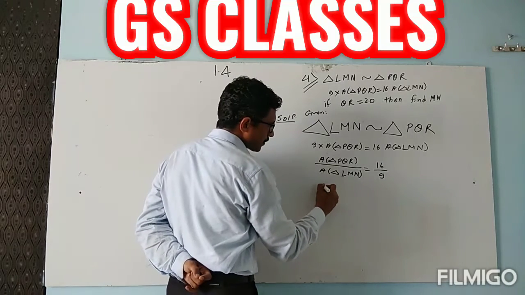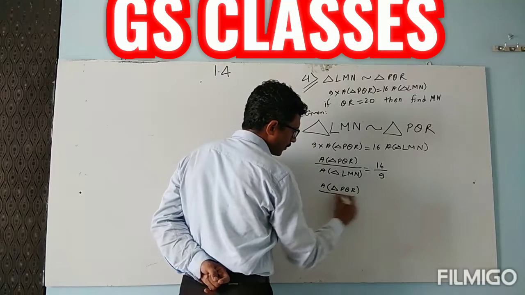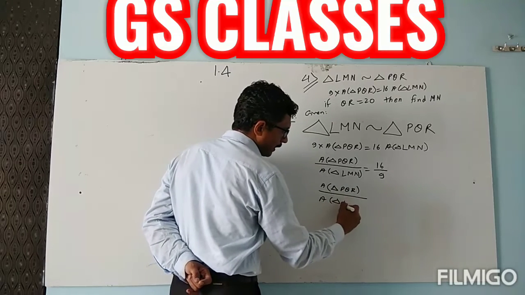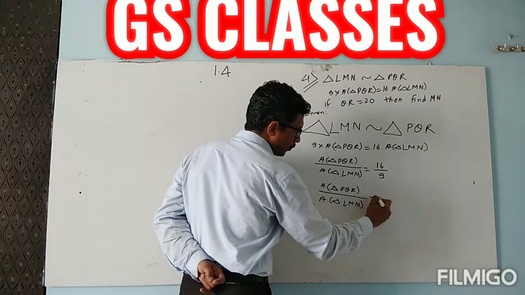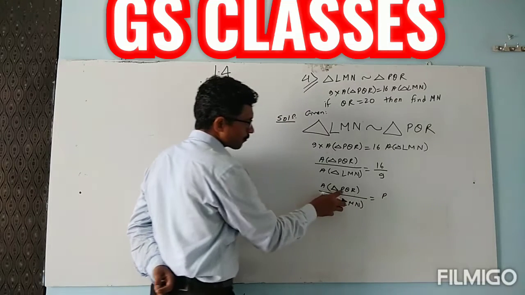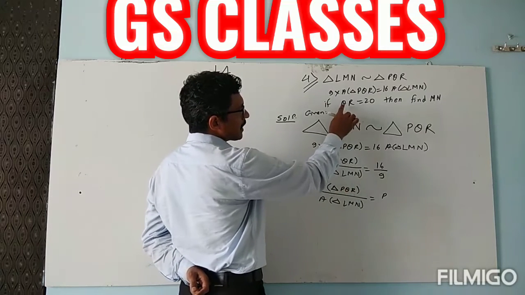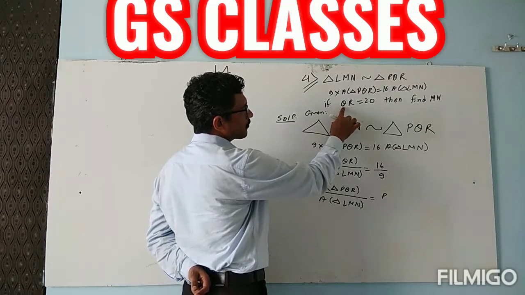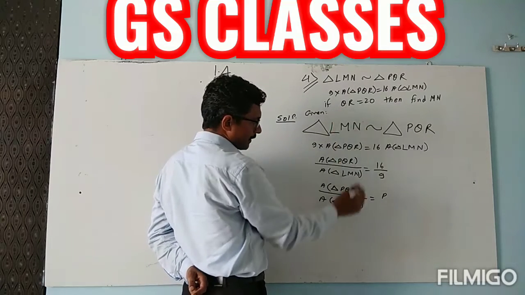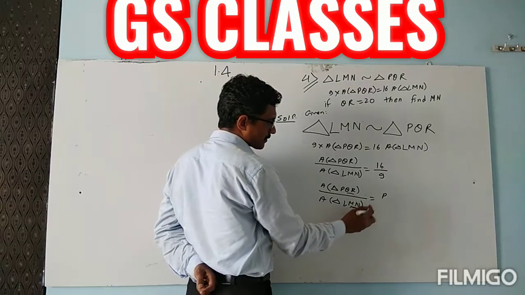Now children, you know that area of triangle PQR by area of triangle LMN will also be equal to, now they are taking PQ and QR. Since they have given us the value of QR and they are asking MN, so I am taking only these two sides.